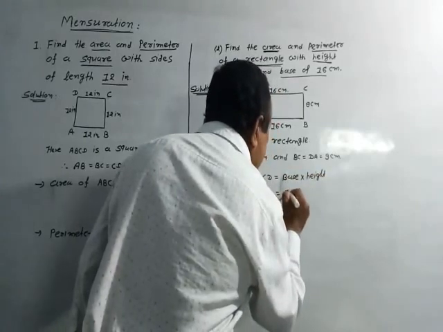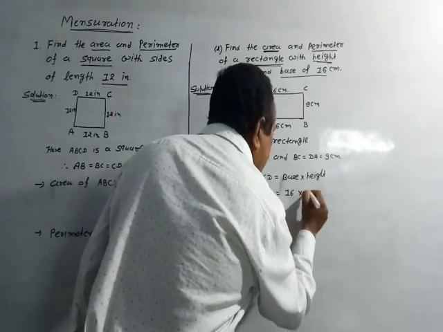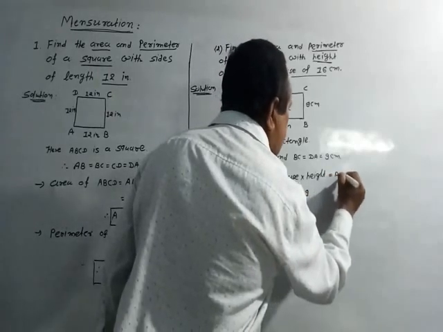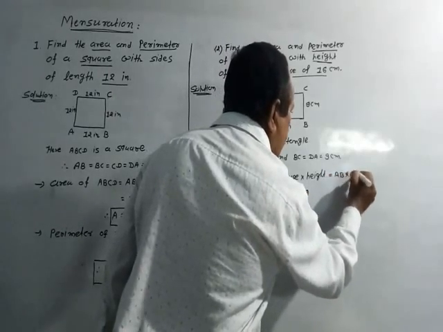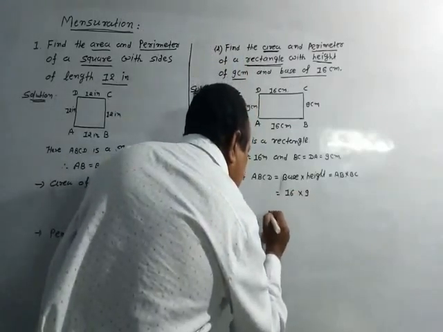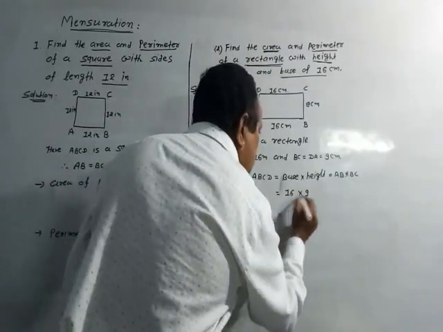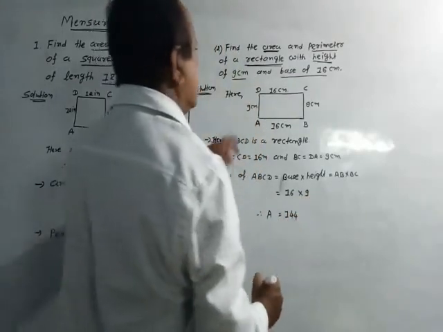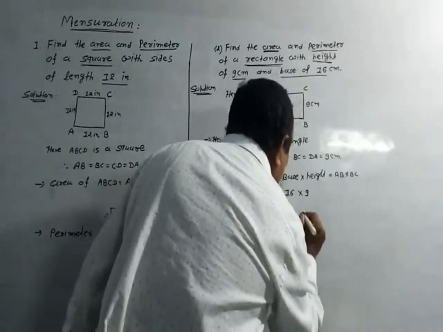Now base is 16, height is 9. Base AB, height BC. 16 multiplied by 9 is the area of the rectangle. 16 times 9 is 144 centimeter square.